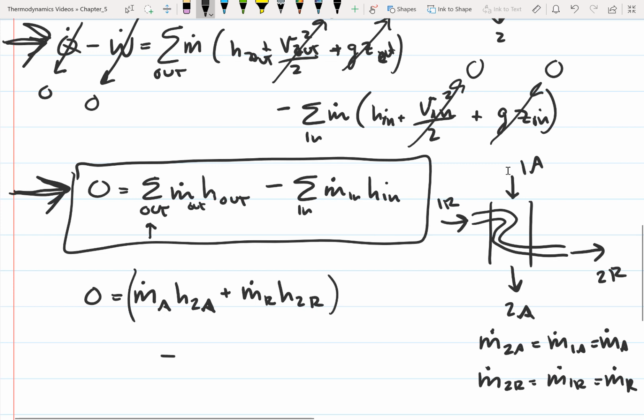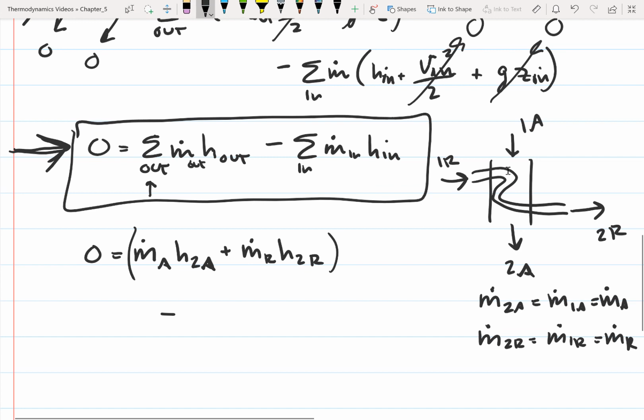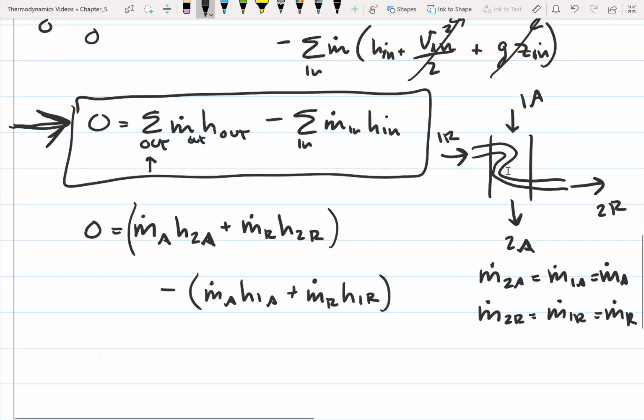And then we have minus, and then we want to sum our inlets. So we have the mass flow rate of the air multiplied by the enthalpy of the air at the inlet plus the mass flow rate of the refrigerant multiplied by the enthalpy of the refrigerant at the inlet.